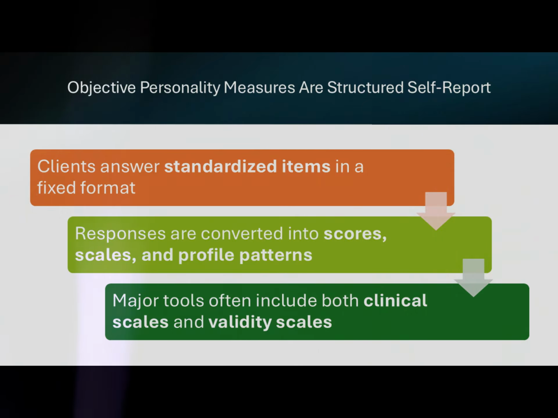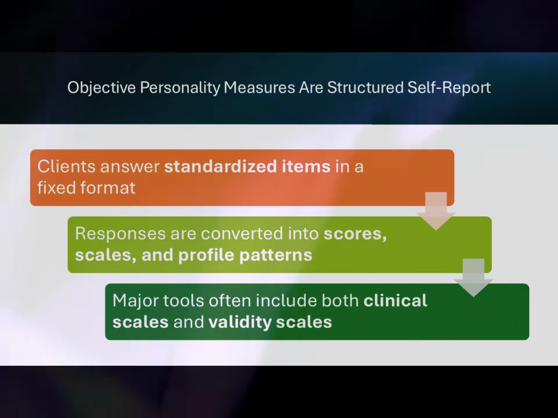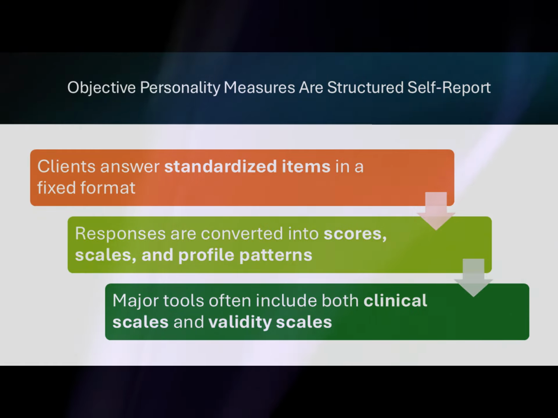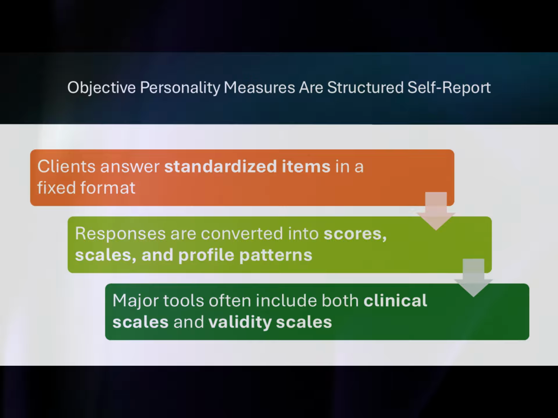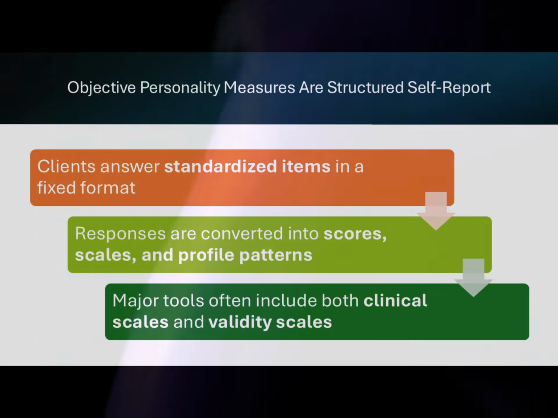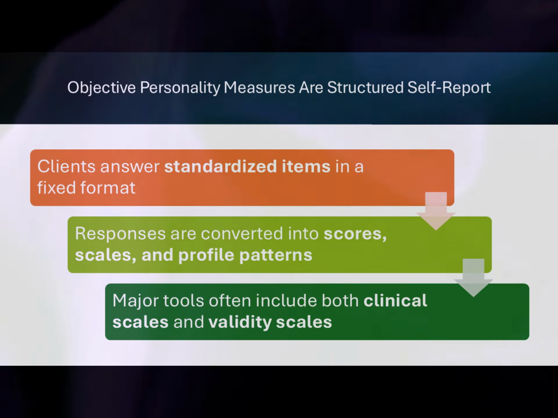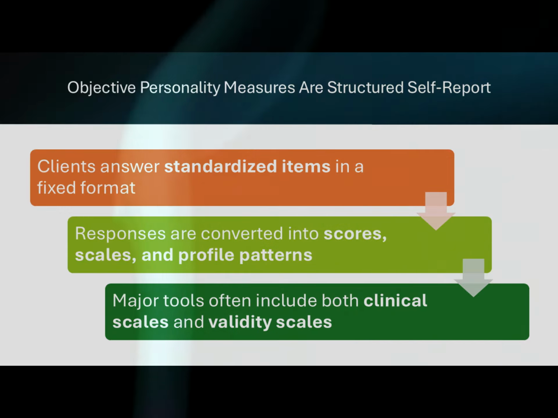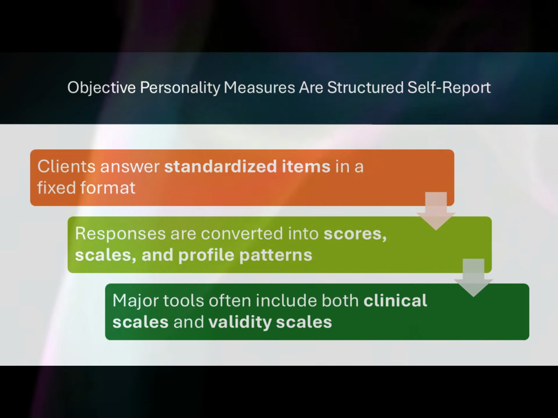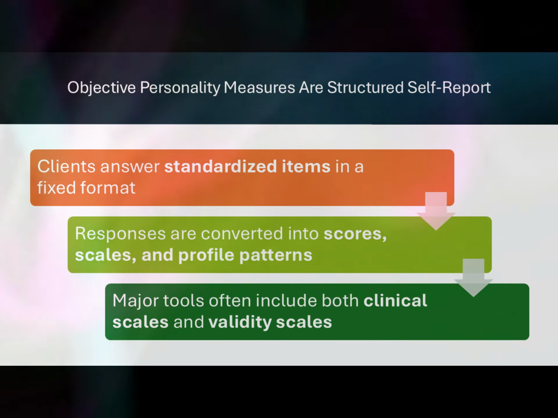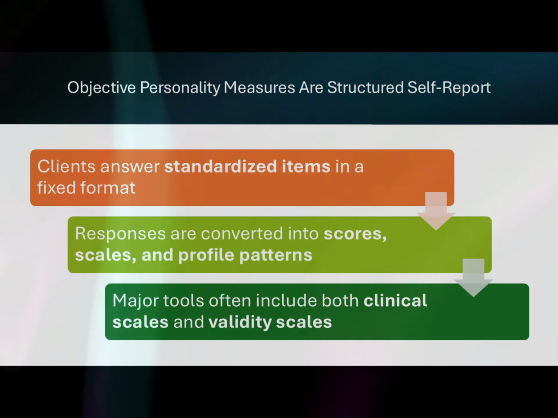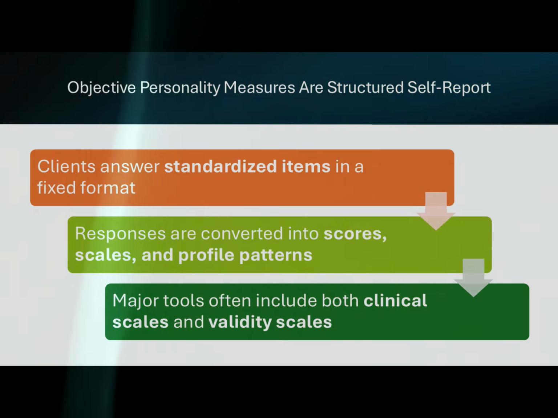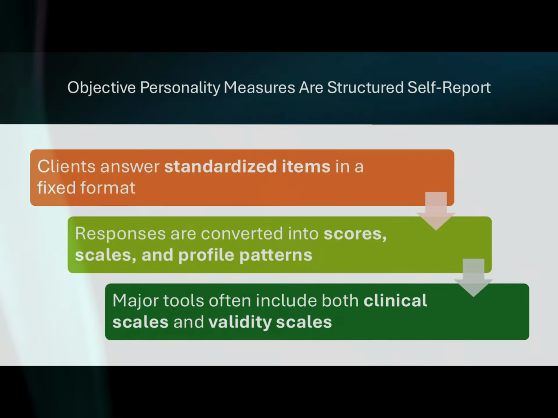And two major examples of objective personality measures are the MMPI, the Minnesota Multiphasic Personality Inventory, and the Personality Assessment Inventory, the PAI. Now, the MMPI-2 is described by its own reporting as a self-report instrument designed to aid in the assessment of a wide range of clinical conditions. The PAI is a comprehensive measure of adult psychopathology that includes multiple clinical scales and validity scales.